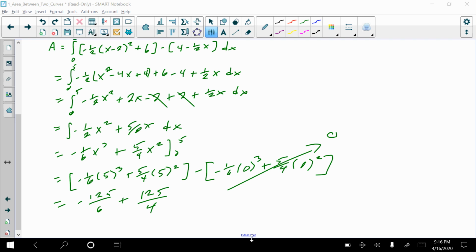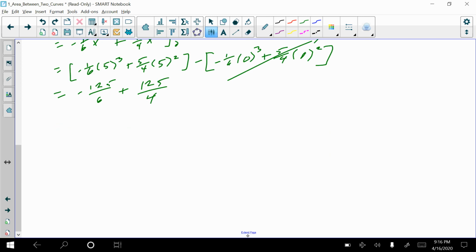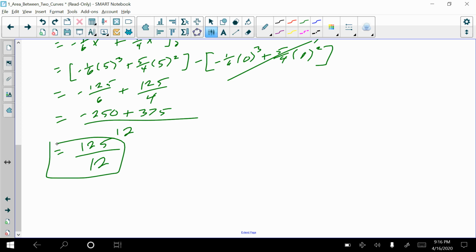When we get our common denominator and add the terms here, we're going to get negative 250 plus 375 with a common denominator of 12. When we take the difference of the 250 and the 375, we get 125 over 12 for our area, where we take the difference of the two integrations of the overall function.